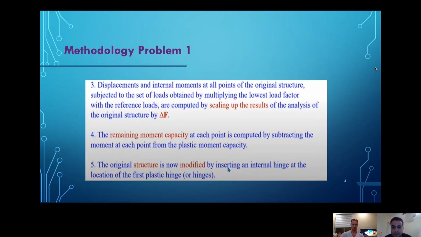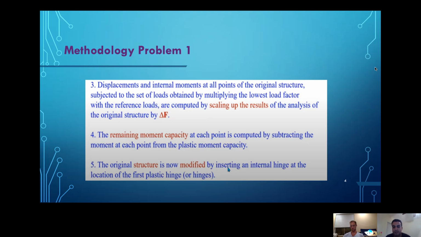So step number 3 talks about the displacement and internal moment at all points of the original structure subjected to the set of loads obtained by multiplying the lowest load factor with the reference load, as computed by scaling up the result of the analysis of the original structure by delta F.